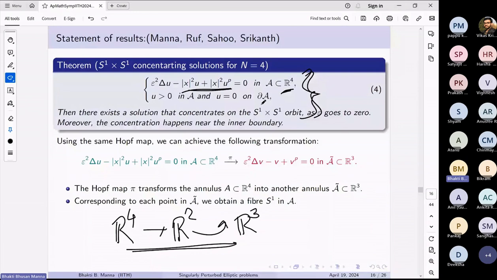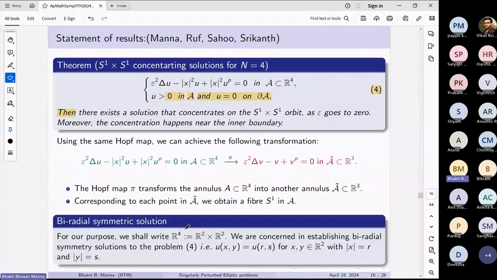When we talk about this S1 cross S1 orbit solution, we are looking at a biradial solution. So u(x, y), where x is 2 dimensional and y is 2 dimensional, is now reduced to dimension 1 and dimension 1, so it is reduced to 2 variables.